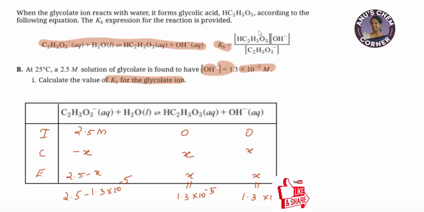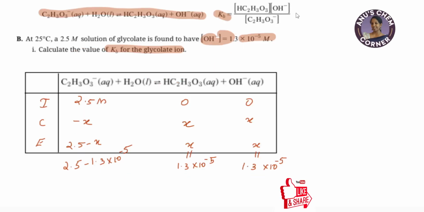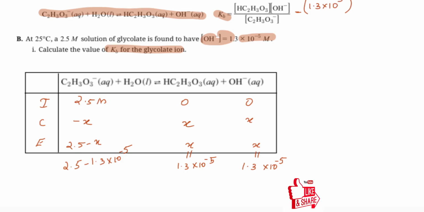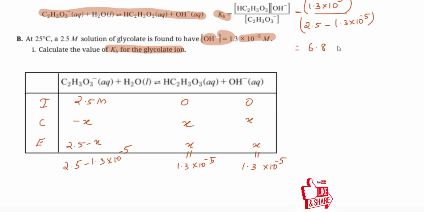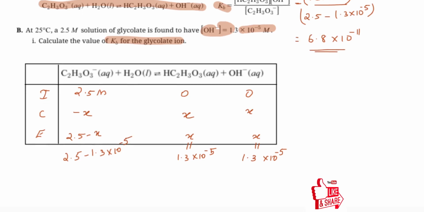Then substitute into the expression: 1.3 times 10 to the power of minus 5 times the same value, squared, divided by 2.5 minus 1.3 times 10 to the power of minus 5. What we get, with 2 significant figures, is 6.8 times 10 to the power of minus 11. That will be the Kb value.